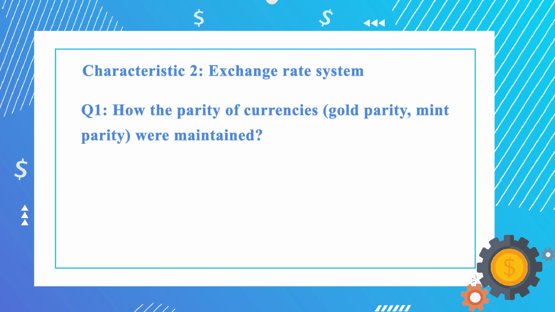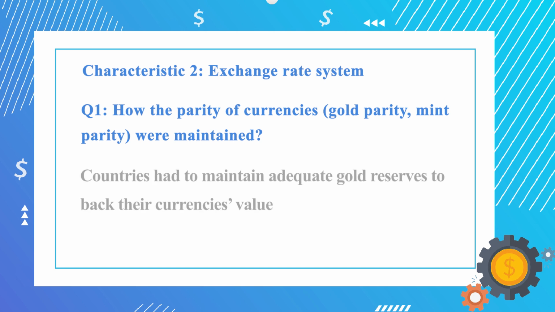Here are two questions about the exchange rate system under the gold specie standard. Question 1. How were the parities of currencies, gold parity or mint parity, maintained? The answer is that countries had to maintain adequate gold reserves to back their currency's value, so the gold price would be fixed in every country, and then the gold parity of every two currencies could be fixed.